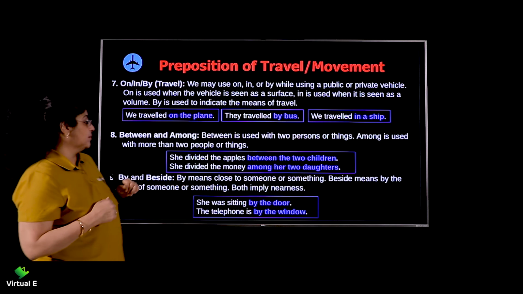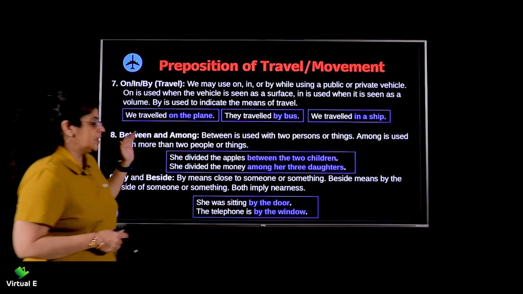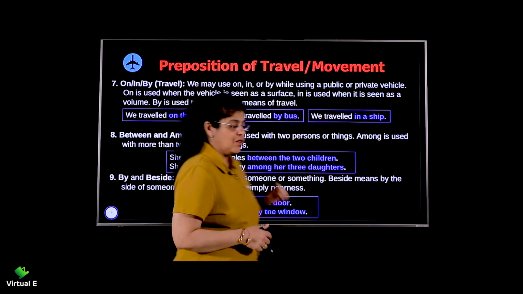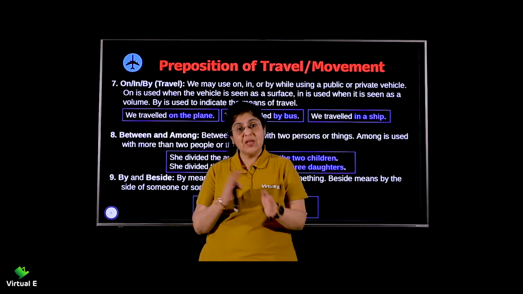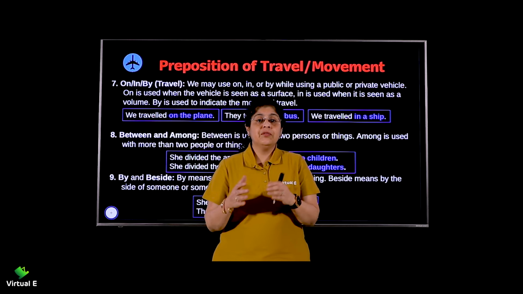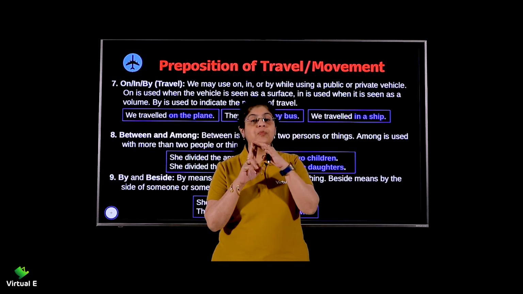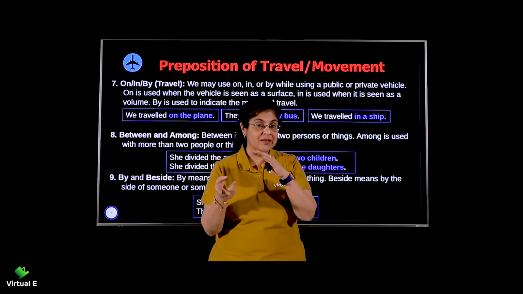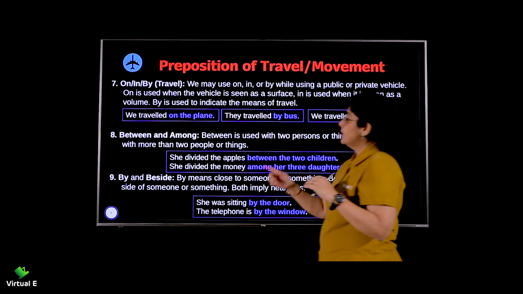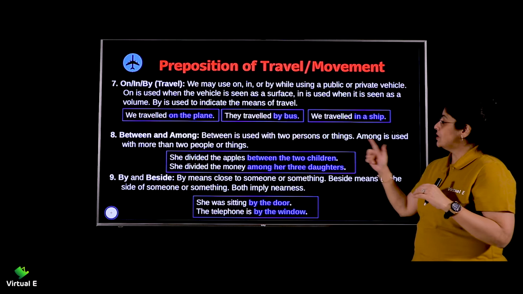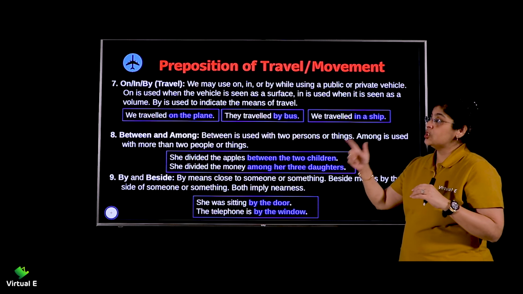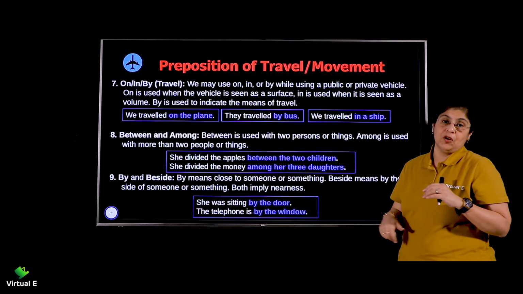Now we move towards between and among. I have seen quite often children getting confused between and among. So we all know very well that between is between two people or two things. So if you see here, between is used with two persons or things and among is used with more than two people or things.